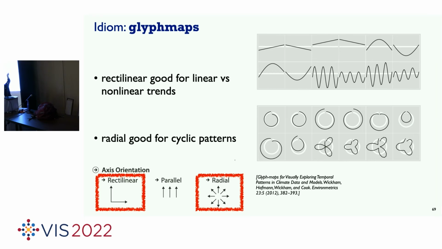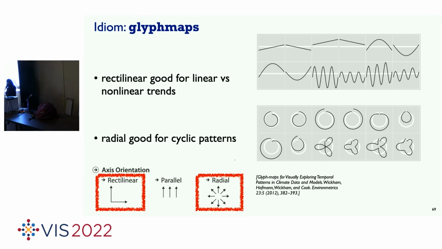What they point out is that certain things are really easy to see with the linear charts. Same data above and below, one is rectilinear, one is radial. With the linear charts, you can really notice things like it's trending up versus trending down. But basically all those squiggles look similar at the end. Whereas with the radial charts, it's not nearly so obvious about upward versus downward trends, but it's really obvious when it's a little bit less than or a little bit more than, in terms of that cyclic matching up and wrapping around.